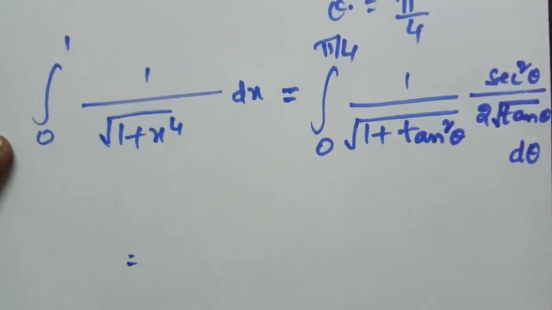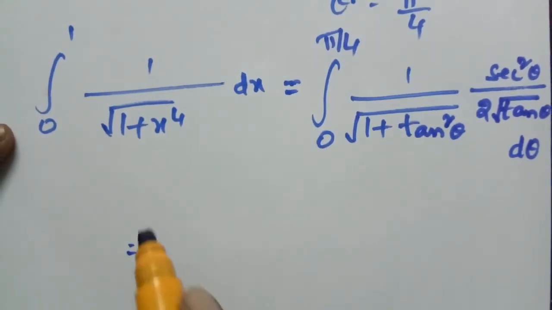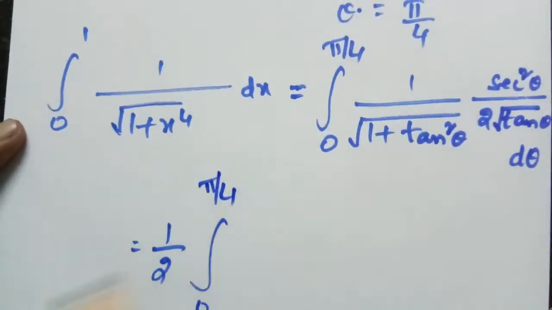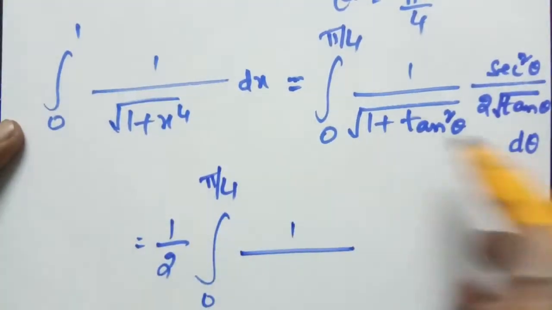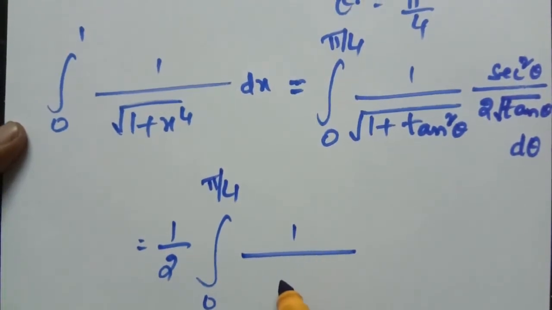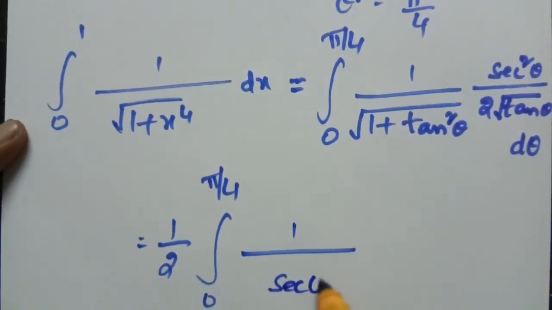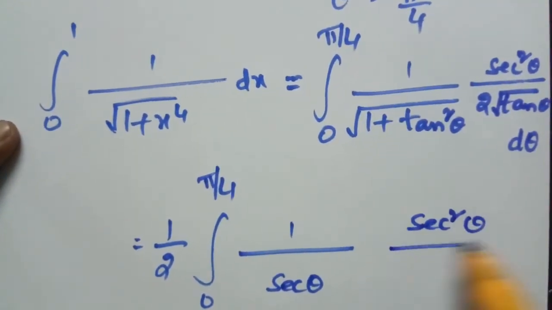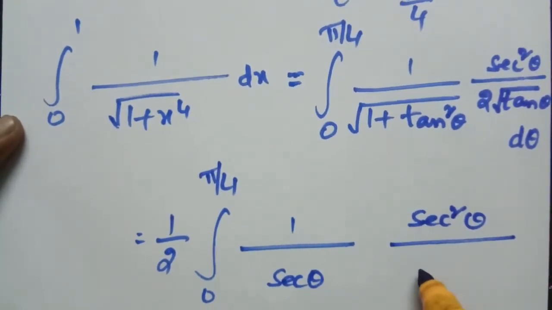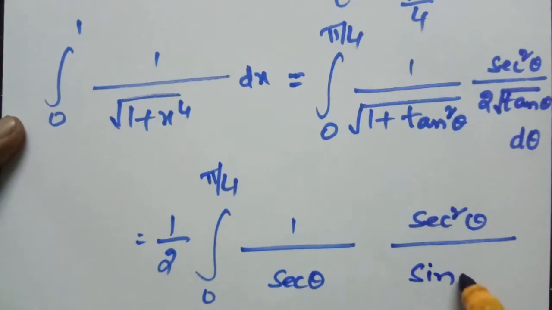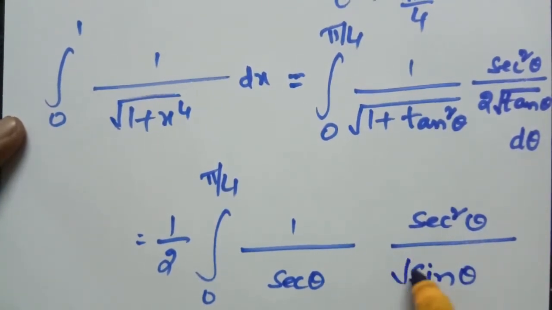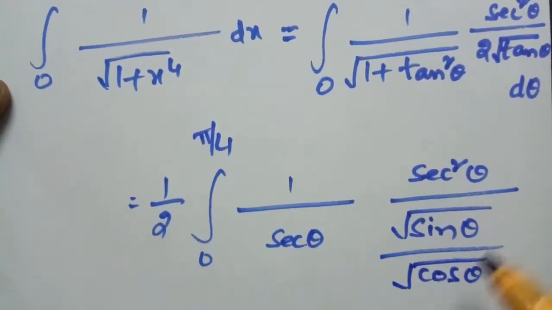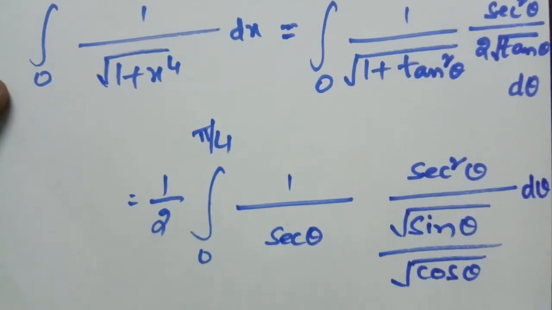This is equal to 1 by 2 times the integral from 0 to pi by 4 of 1 by root of 1 plus tan square theta, root of secant square theta is secant theta, into secant square theta by root of tan theta, that is equal to root of sin theta by square root of cos theta into d theta.